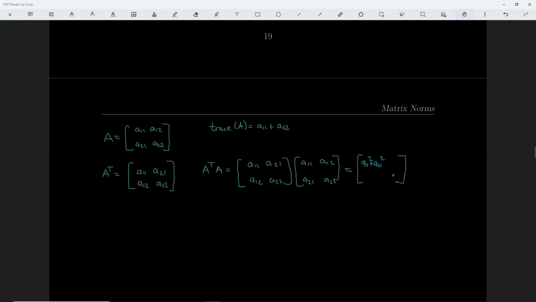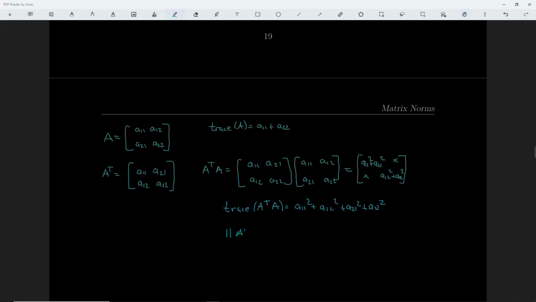The second diagonal element is the multiplication of the second row and second column, which is A12 squared plus A22 squared. I didn't compute the other values because I don't need them to compute the trace. The trace of A transpose A is A11 squared plus A12 squared plus A21 squared plus A22 squared.